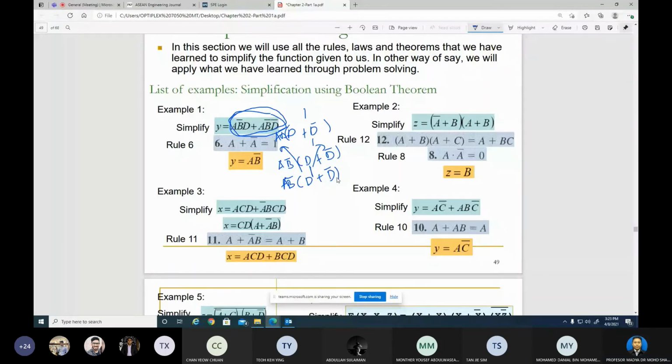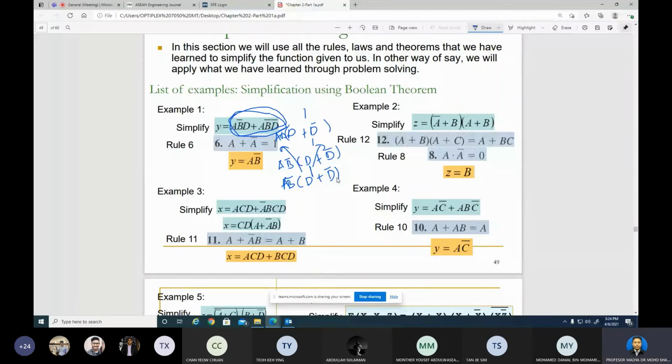Okay, so you can see example 2 here: (A bar plus B) multiplied by (A plus B). You can use rule number 12 and rule number 8.